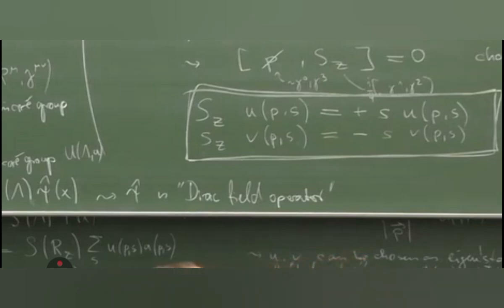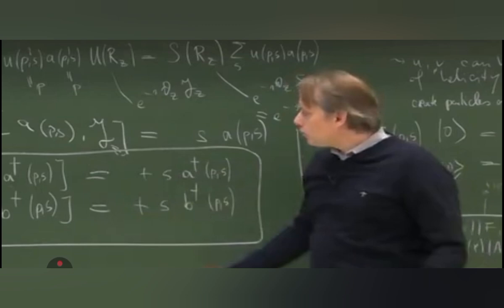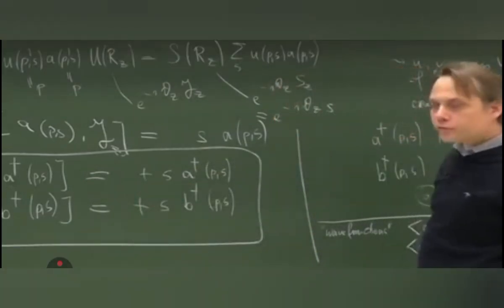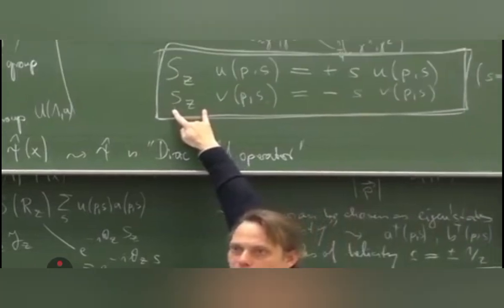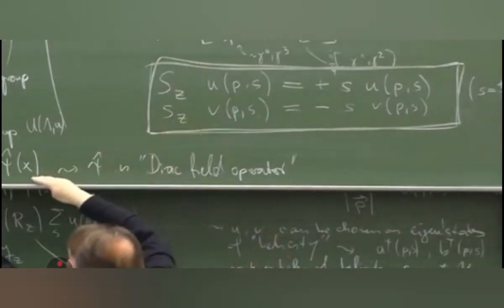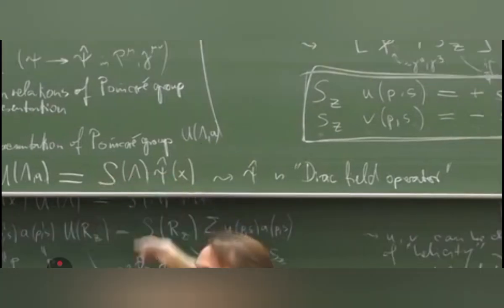Therefore, the particle states created really have angular momentum in a certain direction of plus minus 1/2. That is a necessary consequence of the representation, because how did this S_z 4x4 matrix with eigenvalue plus minus 1/2 appear? It appeared because the field operator satisfies this relationship where that representation appears.